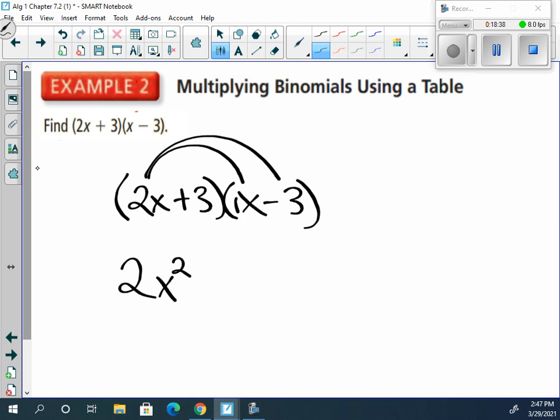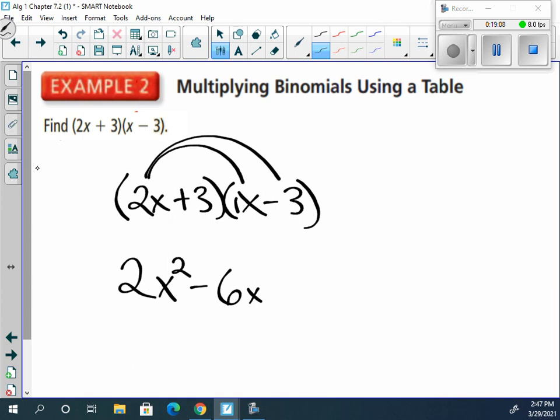And then we're going to do 2x times negative 3. A positive times a negative will be a negative. 2 times 3 is 6. And then we have our x, because we don't have x being multiplied by anything else, so it is just x.